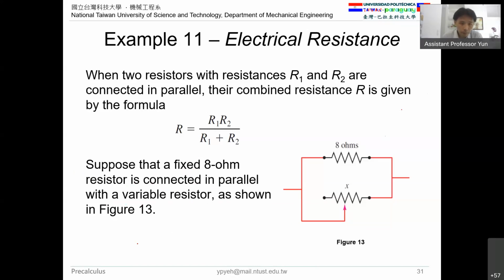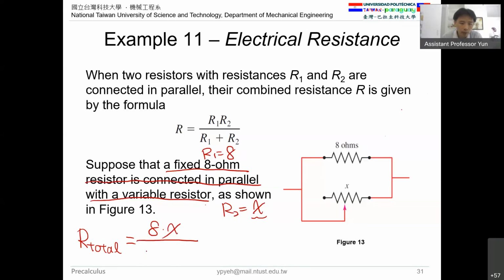So this fixed 8 ohm resistor is connected in parallel with this variable resistance, where R1 is equal to 8 and R2 is equal to X, which is an unknown variable. Then the total resistance is 8 times X divided by 8 plus X.